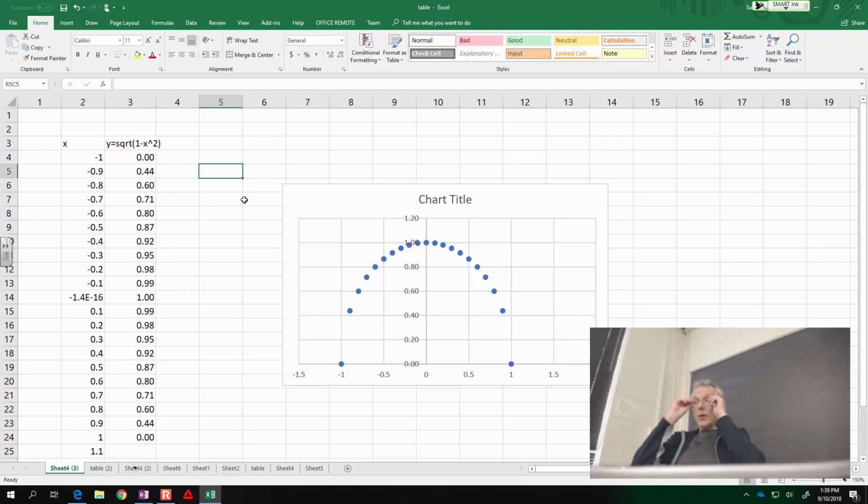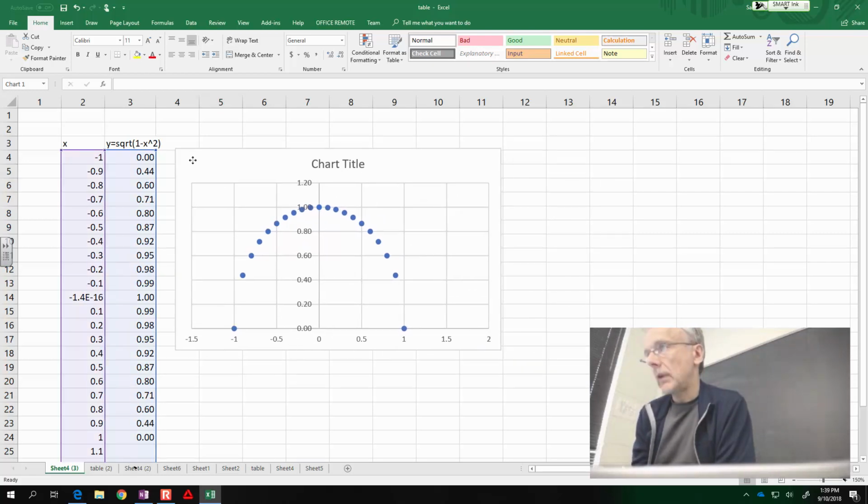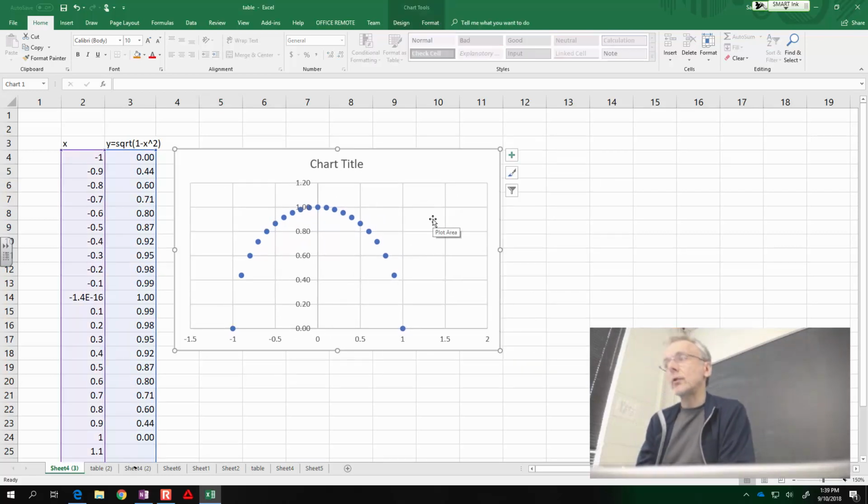I only plotted 21 points, so you can still have your doubts. Is it a curve? Is it made of points? If I plot more points, will they start to form a real curve? They will, if they are big enough, they start to overlap each other.